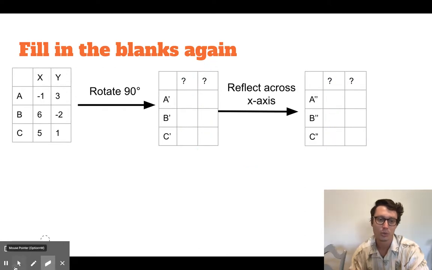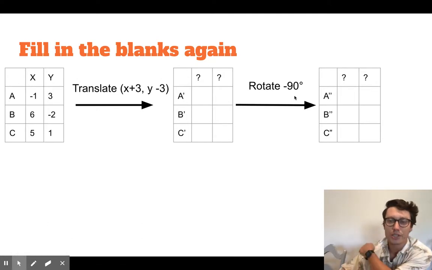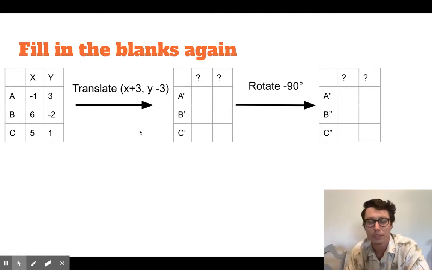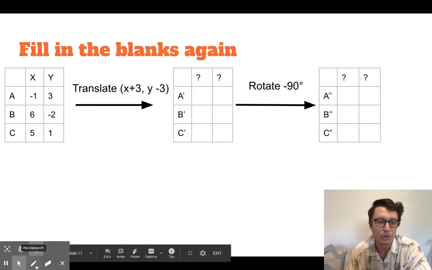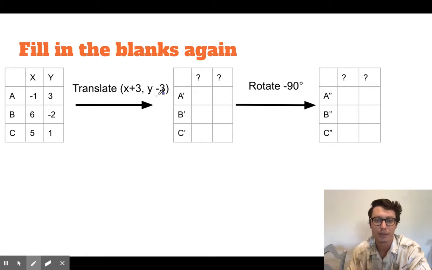Good. One more, another example. Okay, again, they have the rules given to us, and we just need to write in the rules and create the new coordinates. Right here, again, translations, super easy. I'm not going to rewrite those rules because they're given to us right there. We add 3 to our x numbers, we subtract 3 from our y numbers.